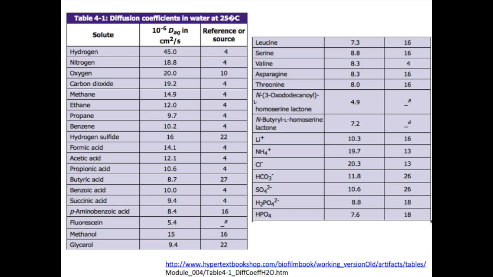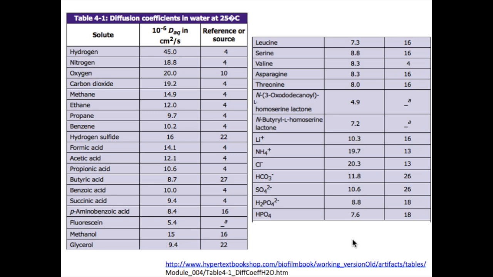And you can study this and see how the different numbers that we got compare to these, but more or less, this is in the range of 10 to the negative 6 centimeters squared per second, and it looks like more or less we're in the same range as we get from this particular source.